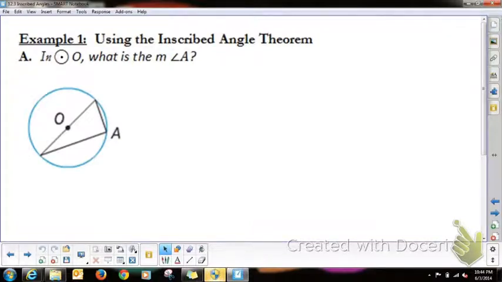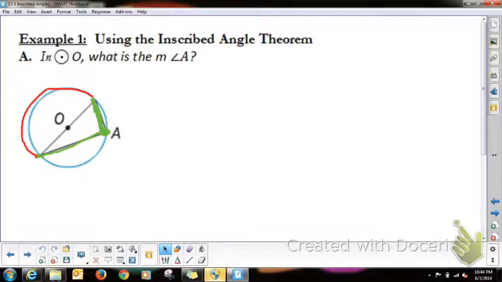So let's do an example. In circle O, what is the measure of angle A? Angle A is an inscribed angle. It has its vertex on this side of the circle. It intersects the circle here at this arc.